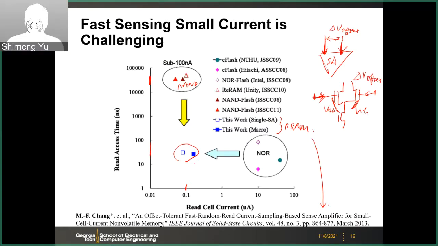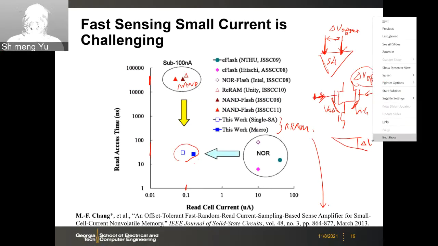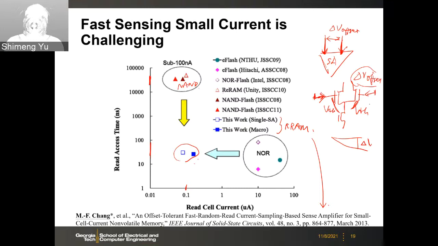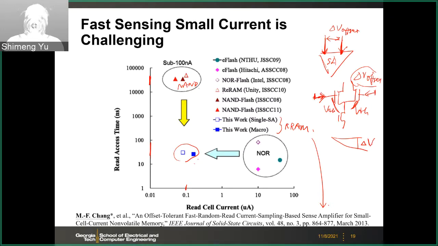So this delta offset will shrink your sense margin. Previously, you have the delta V from the bit line decay, and this delta V needs to be larger than this delta offset because you don't want the process variation to overwhelm your delta V.